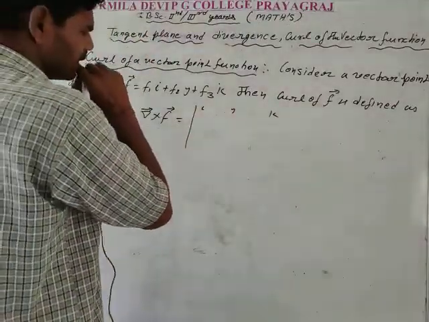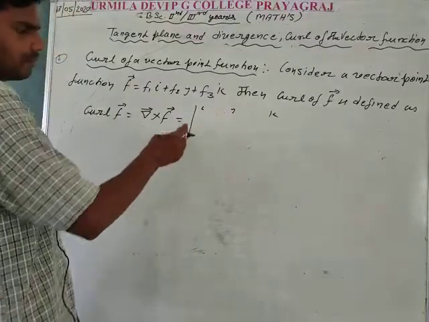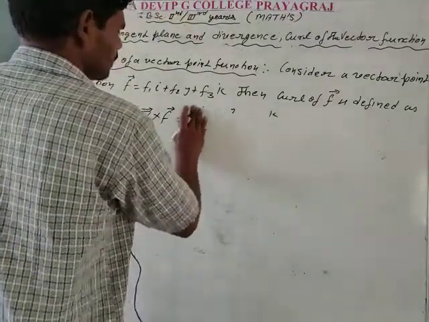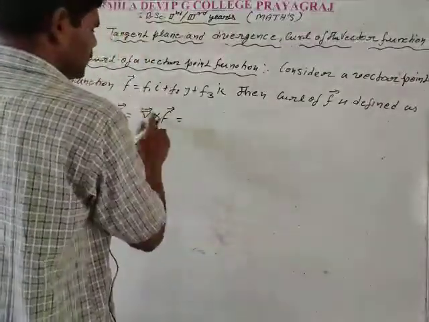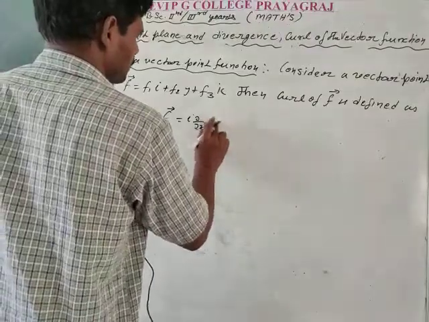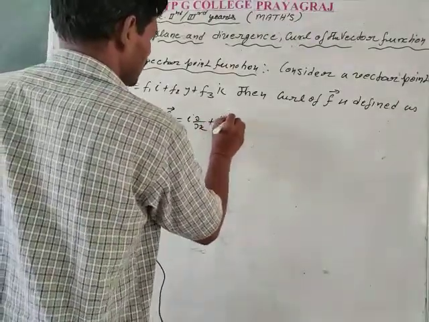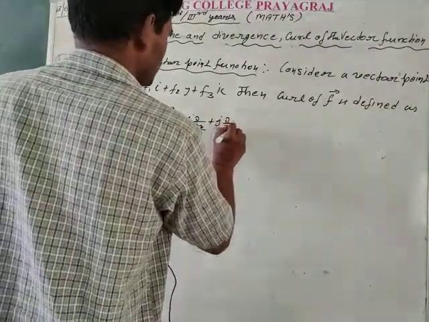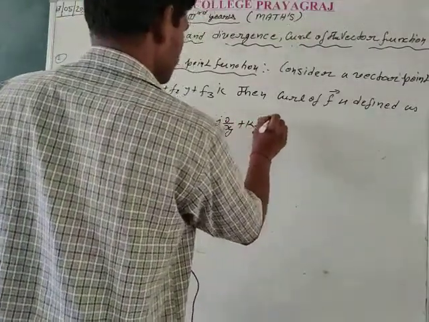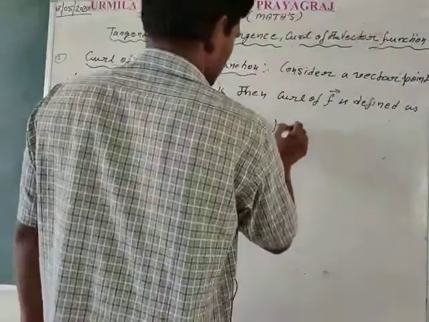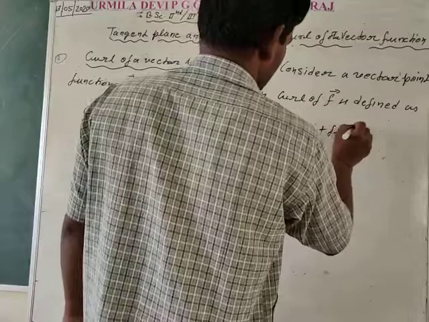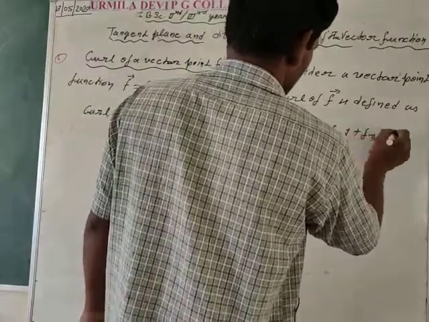You can explain it by this formula: del is i times del by del x plus j times del by del y plus k times del by del z, cross product with f1 i, f2 j, f3 k.